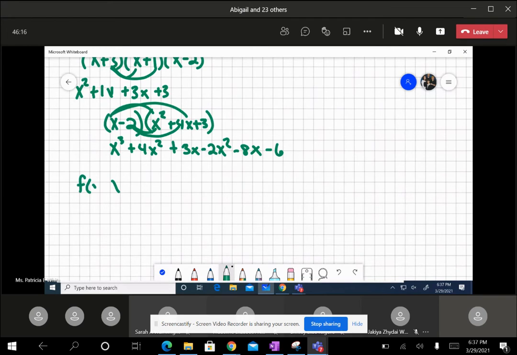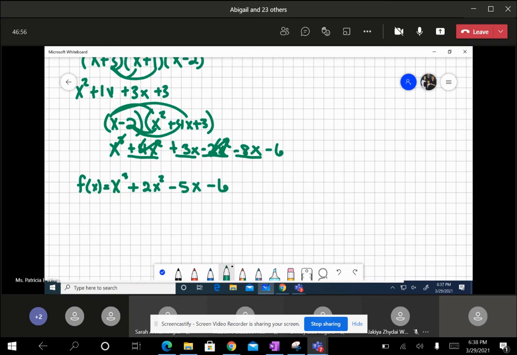I have f of x is equal to x to the third. That's that one. I have a 4x squared and a minus 2x squared, so that's plus 2x squared. I have a 3x and a minus 8x, so I have a minus 5x minus 6, right? You're just working it backwards, just like you would for any quadratic. I give you the solution to the quadratic equation. You can work it backwards and tell me what the equation is. Nothing different here.